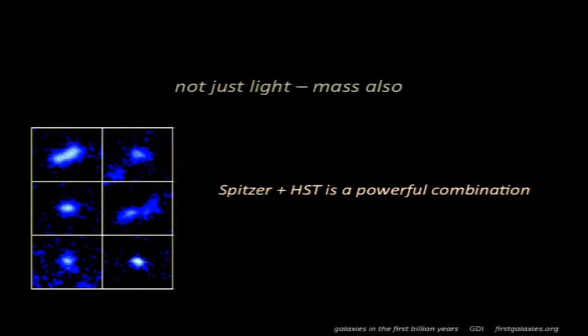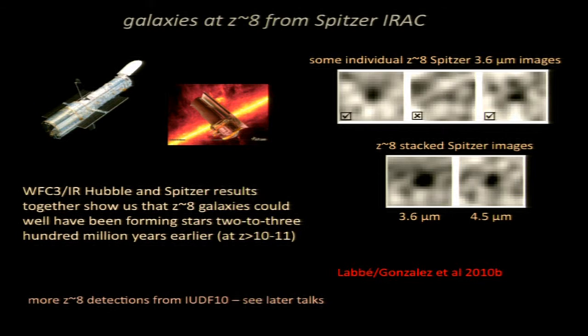So mass is a key parameter for the comparison with the models, and one of the basic parameters we'd like to understand. And here is where Spitzer comes in and plays an incredibly important role. And pushing that out to high redshift is also important to look at the trends.